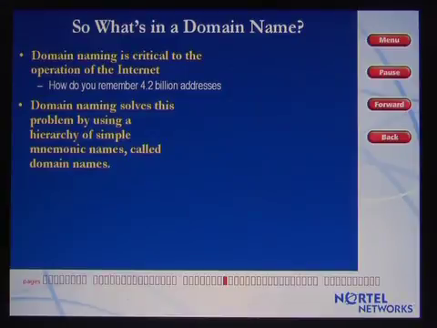Some people think the dots in a domain name correspond to the dots in the numeric address. This is not the case. There are always 3 periods in an IP address, separating its 4 constituent bytes. This is not the case in a domain name, where there may be a variable number of periods.